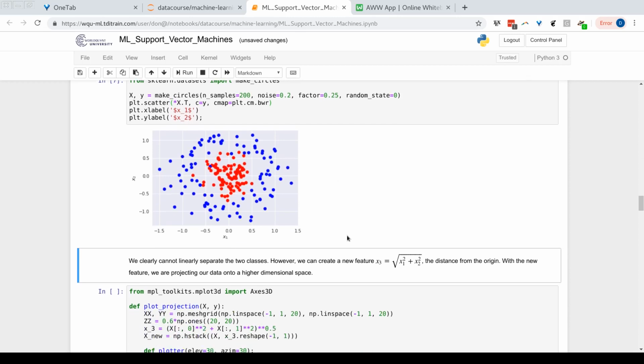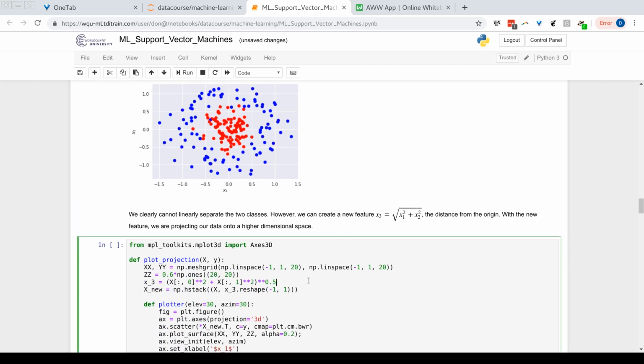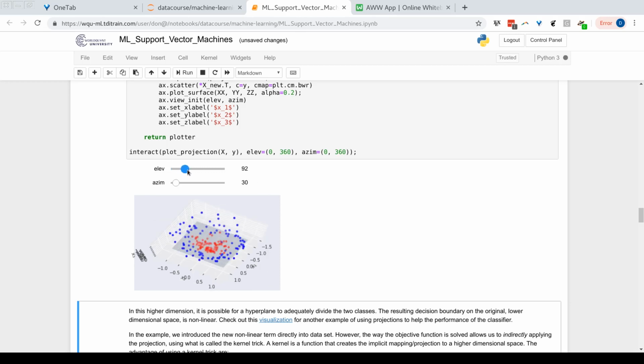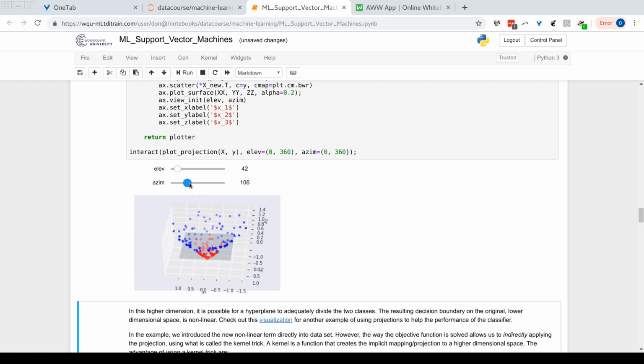So let's visualize what happens if we project our data to that new dimension that we defined. That's what this block of code is going to do. Now notice we have that x3 dimension. The question is, in this higher dimensional space, can we draw a hyperplane to separate our two classes? You can fool around with the view, but what I want to show you is that, yes, by including this new feature x3, we're projecting our data to a higher dimensional space, and we have a better model to separate our two classes.